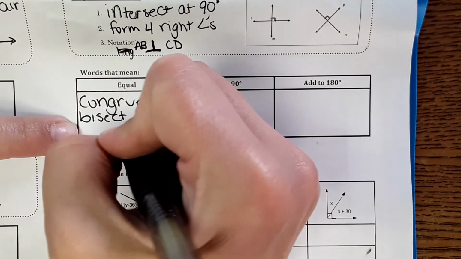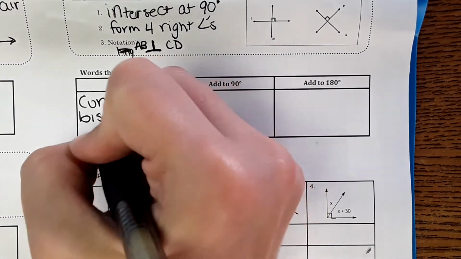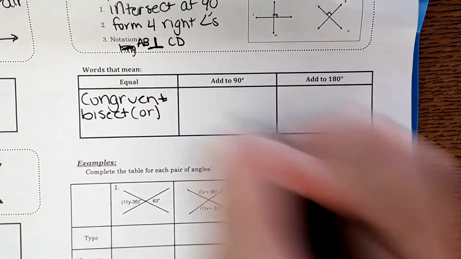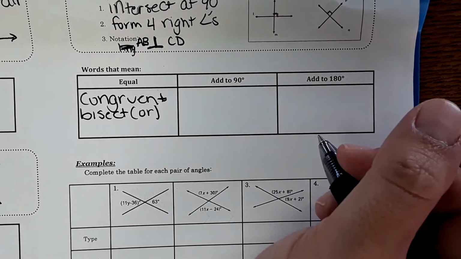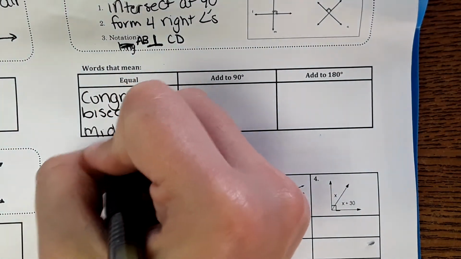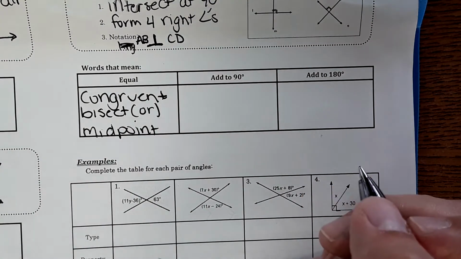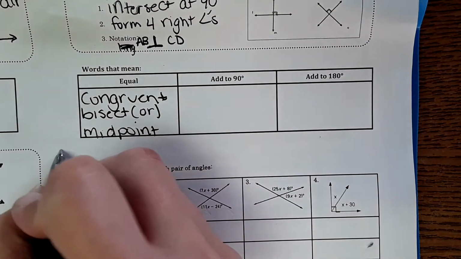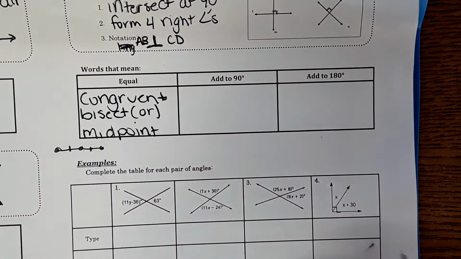When you bisect an angle or bisect a segment, then it's breaking it up into 2 equal parts. So either bisect or bisector means it's breaking it up into 2 equal parts. And then the other thing that can mean equal is midpoint. If you're told that something is the midpoint, then the sides are equal. So if you're told you have a line segment and you have a midpoint, that would mean that this is equal to this.